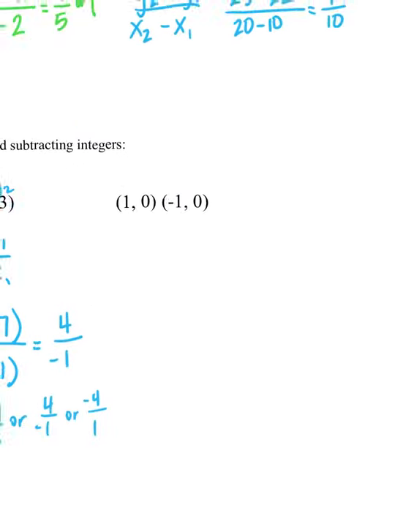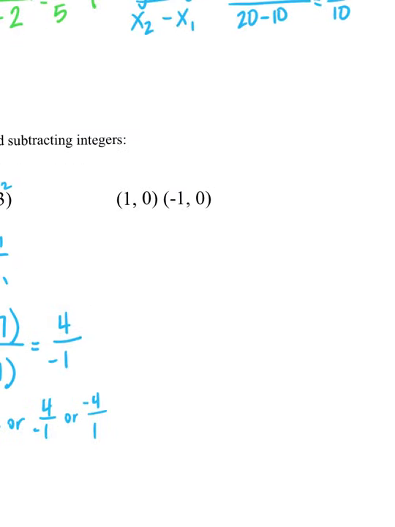Okay, let's look here. Should be x1, y1, x2, y2. I have 0 minus 0 over negative 1 minus 1. 0 minus 0 is 0. And negative 1 minus negative 1 is negative 2.